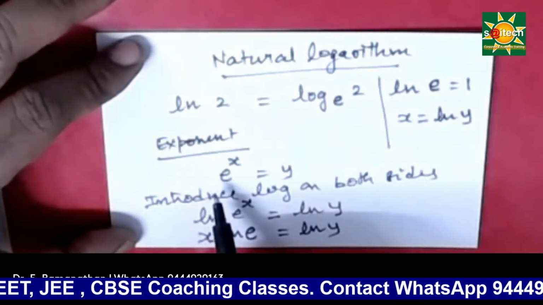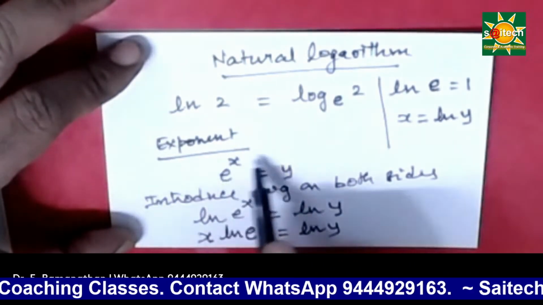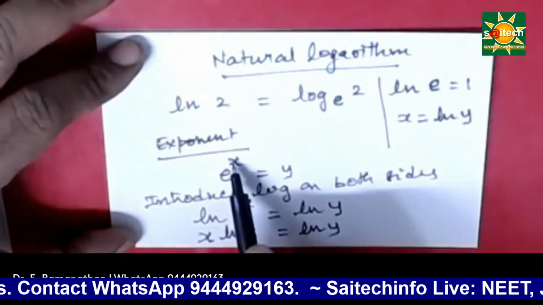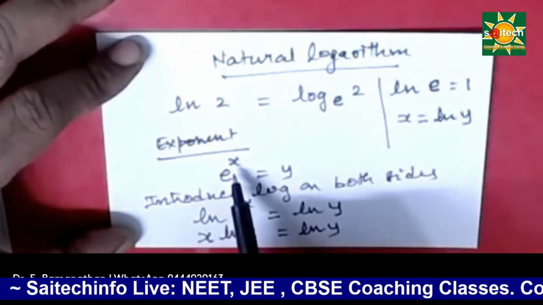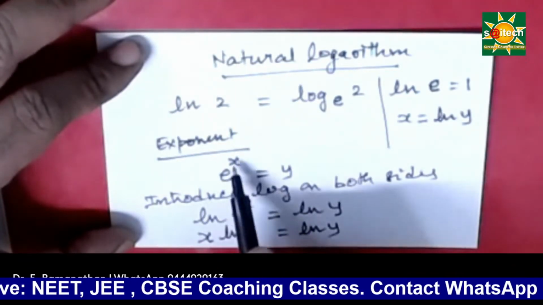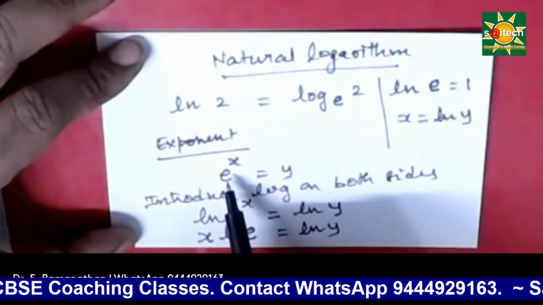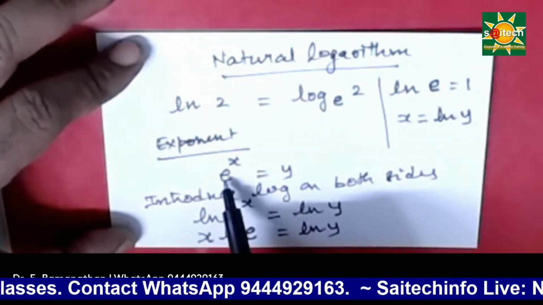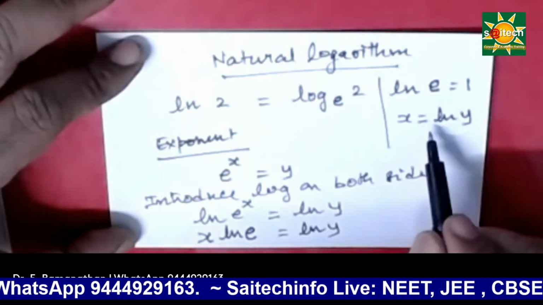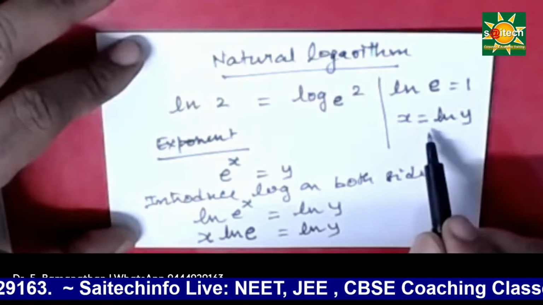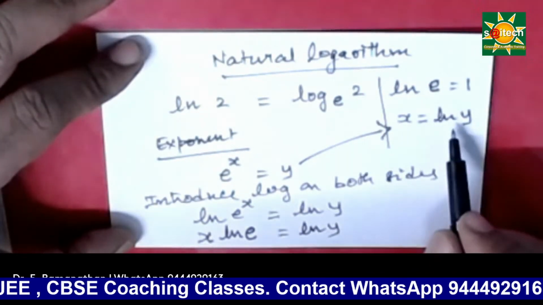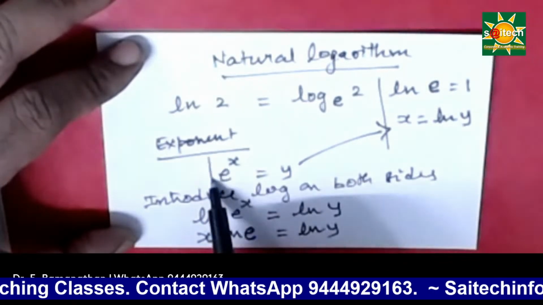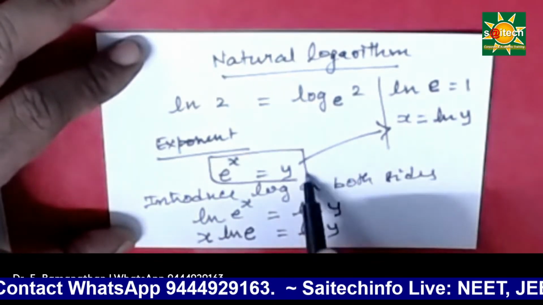Now, in fact, this e power x equals y is the exponent form. Are you able to follow? The same equation can be written in logarithmic form as x is equal to log y. Okay, so do you understand this?